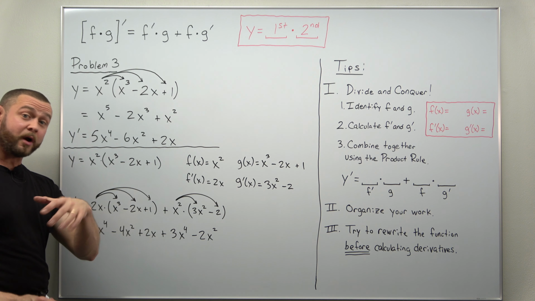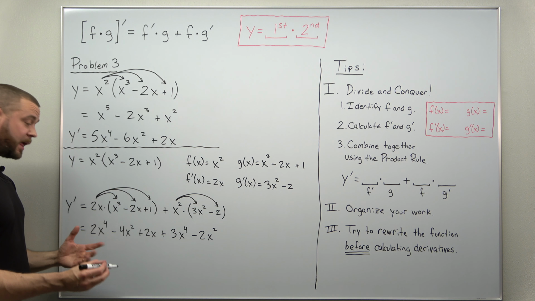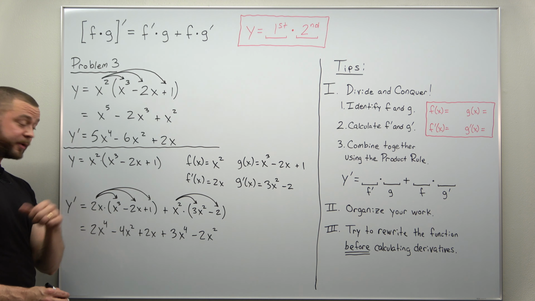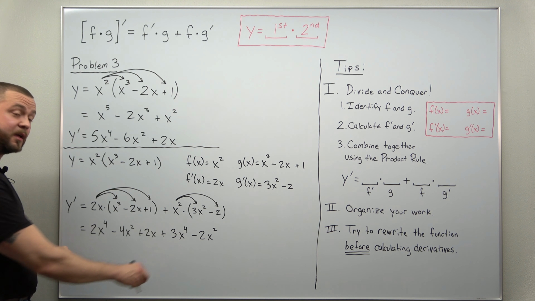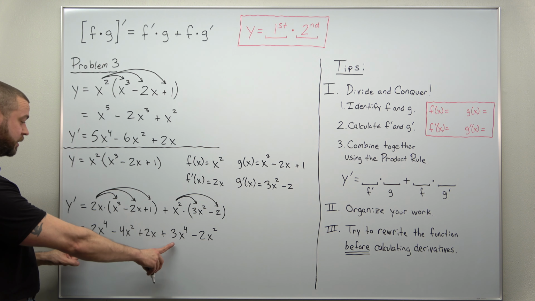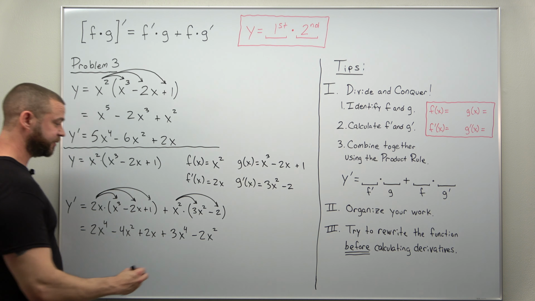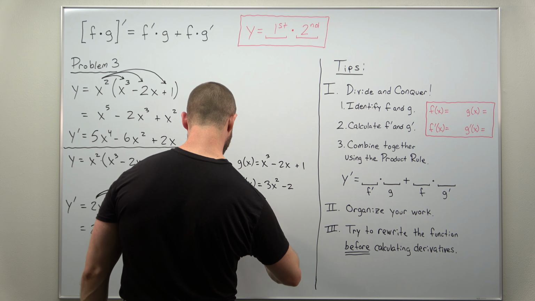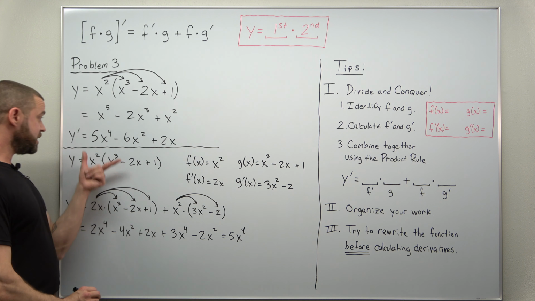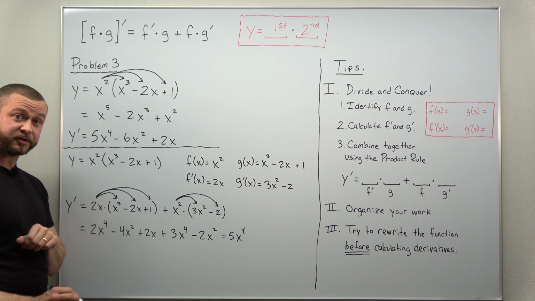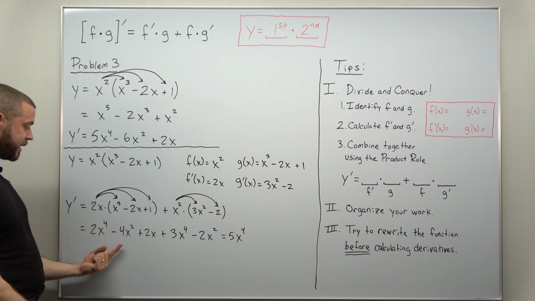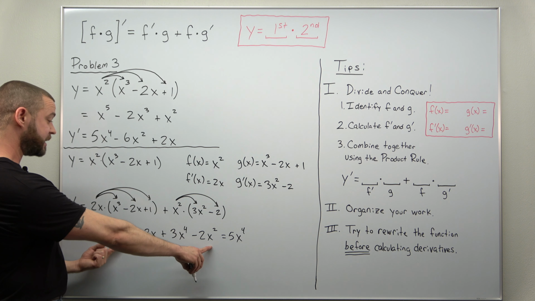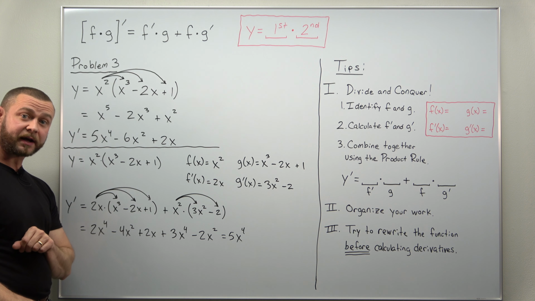Now at this point, we can combine some like terms, and I see that we have some common like terms of x to the 4th. If we add their coefficients, 2 and 3, that gives 5. So we get 5x to the 4th, which is the first term that we found in the first attempt, which is good. We also have some x squared terms, minus 4x squared and minus 2x squared.